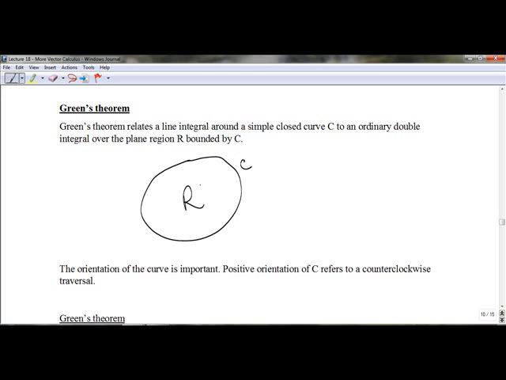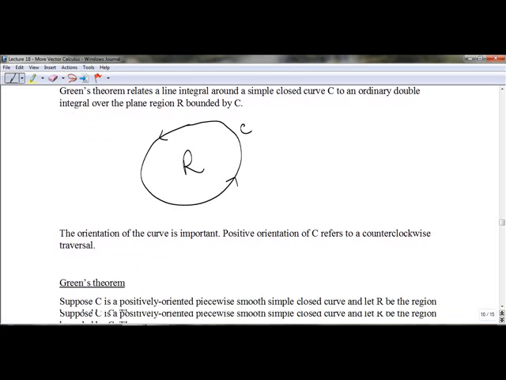The orientation is important. We are looking at a positive orientation, which is counterclockwise. If the orientation of the path is in a clockwise direction, you'll have to negate everything. Put a negative on everything. All right. What is Green's theorem?